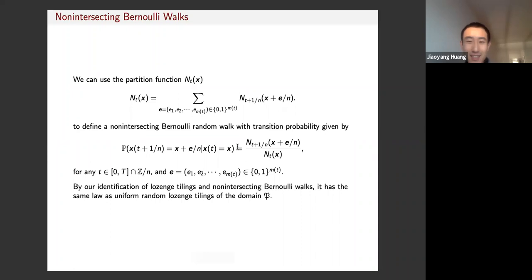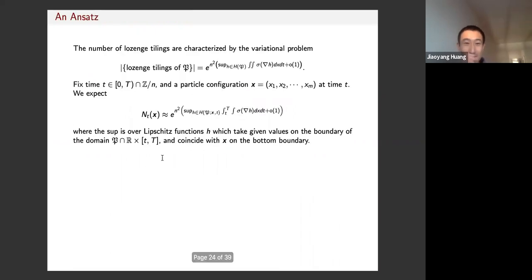But here we still do not know this N_t(x). We cannot directly analyze this transition probability. But if you think of that large deviation result, we know that given a domain P, the number of Lozenge tilings is roughly given by e to the n squared times the rate function.